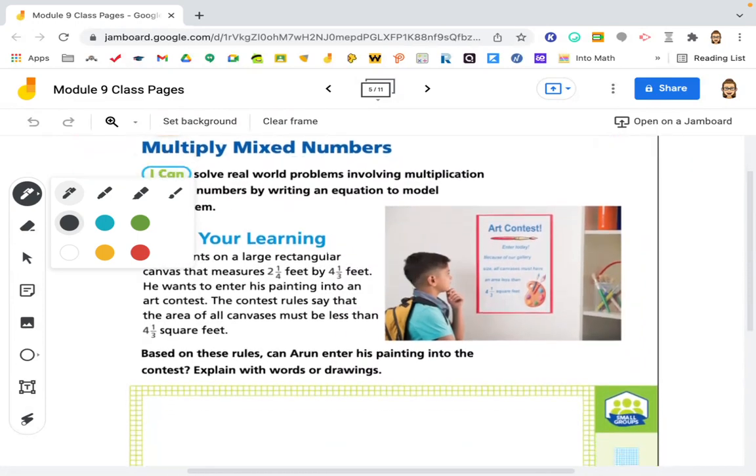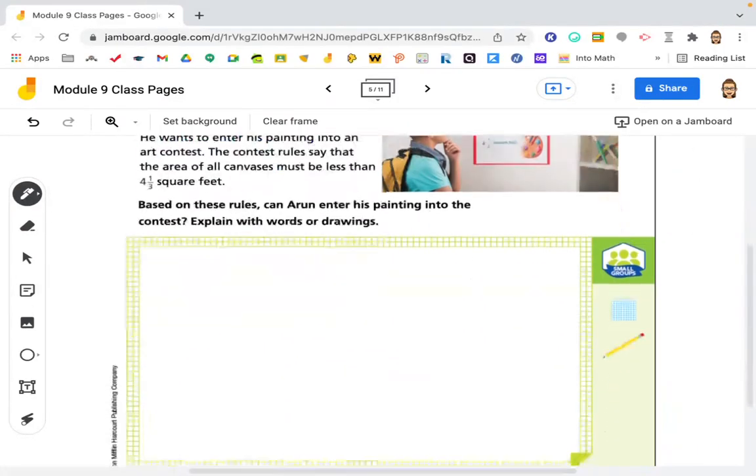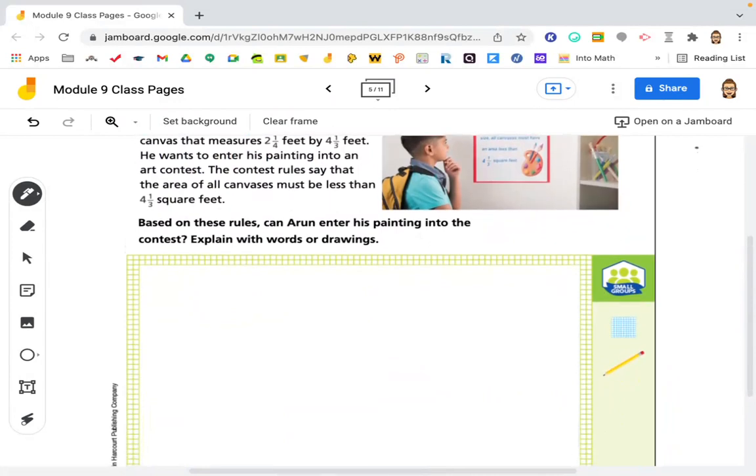Well, if I look at this, my equation would be 2 1/4 times 4 1/3 equals, we're just going to put A for area.